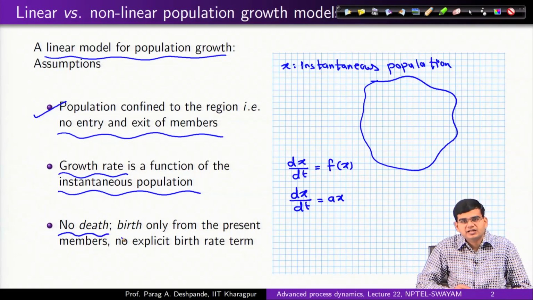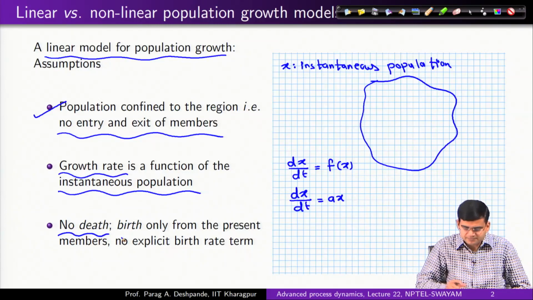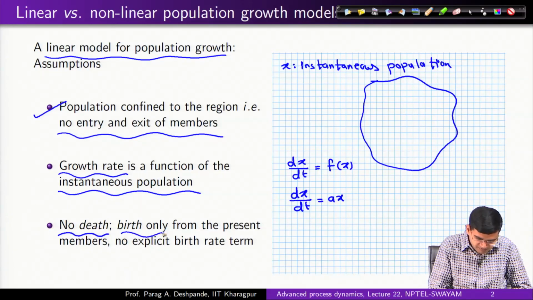Later on we will see much more complex and realistic population growth models which account for the death rate, the birth rate, and so on. But as the first population growth model, here we say that there is no death in the community and birth only from the present members, no explicit birth rate term.